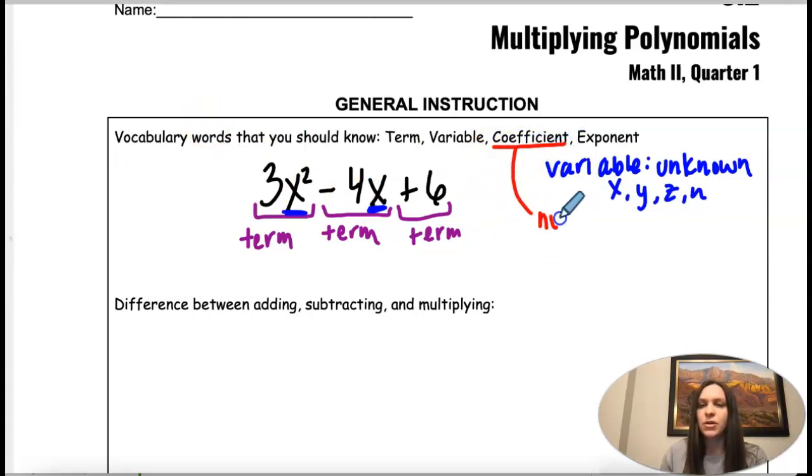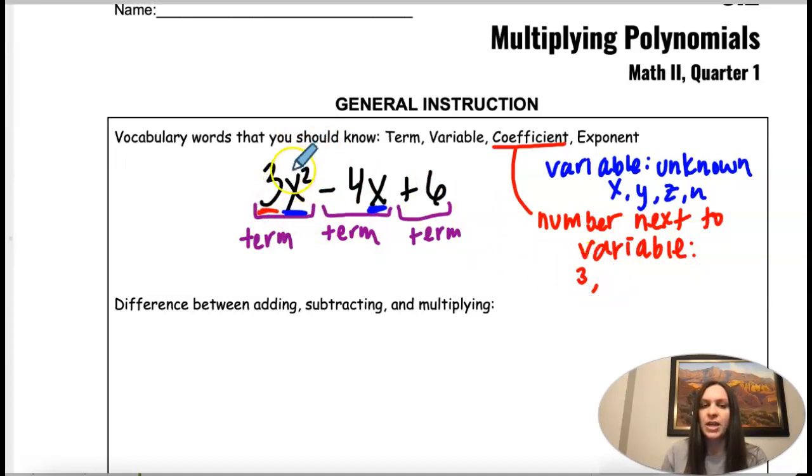Alright, the coefficient is the number next to the variable. So for this example, 3 is a coefficient. It's the number next to x. Negative 4 is a coefficient. It's next to x.